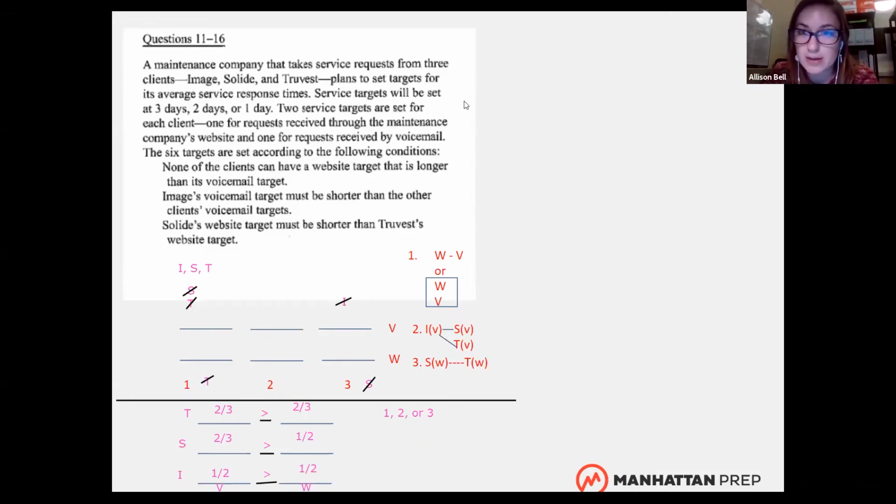I'll hop off the camera, and then when the minute and a half is up, I'll put up a poll to see what answers you came up with.